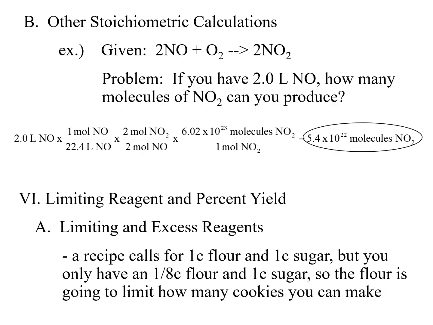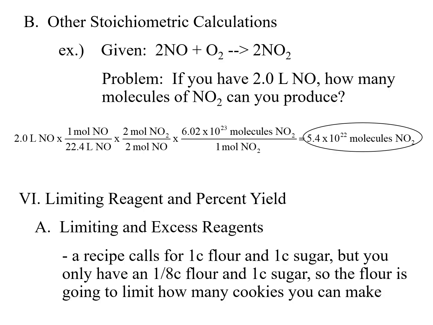This is the way that all of these problems go. All of these kinds of problems always involve changing something to moles to begin with, then changing the moles to moles of something else, and then moles back into whatever units you're looking for.